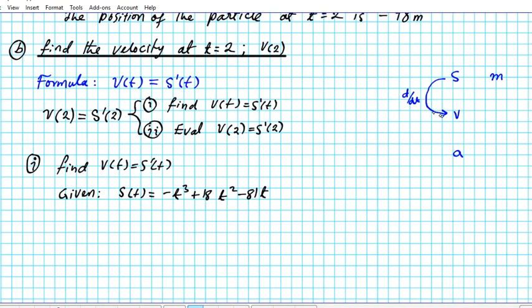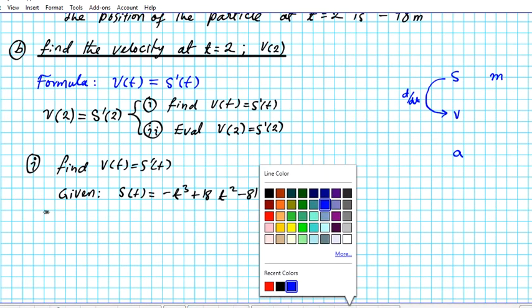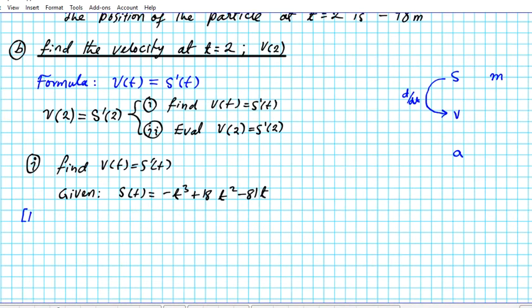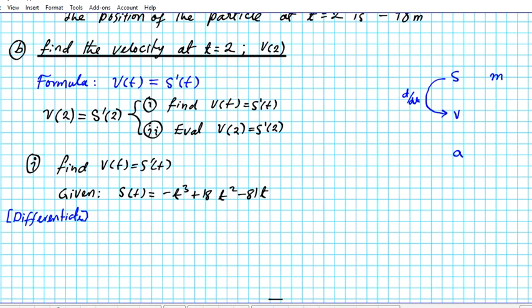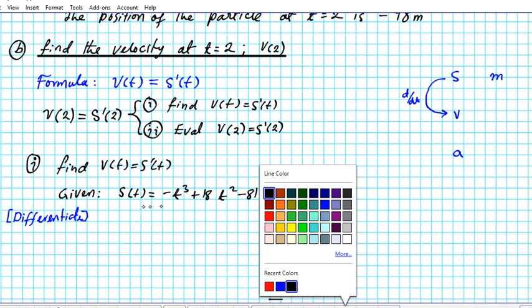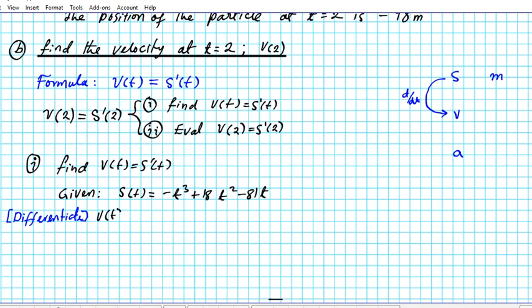So as we talked about, in order to find the velocity, the step is to differentiate. So we're going to be differentiating. Okay, so our velocity function v of t is going to be the derivative of our position function.